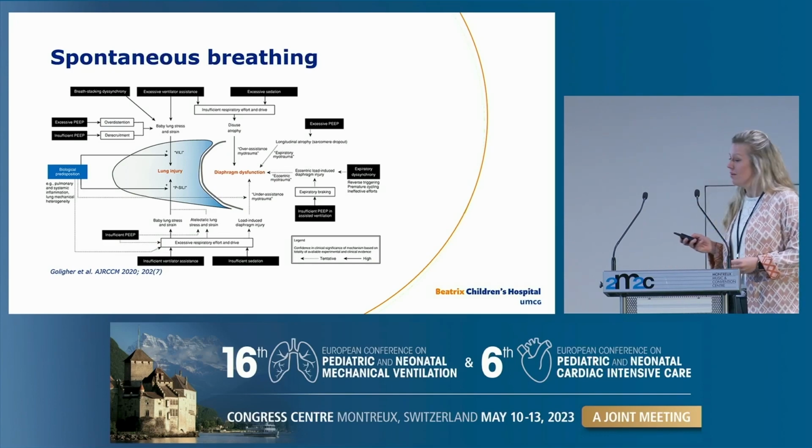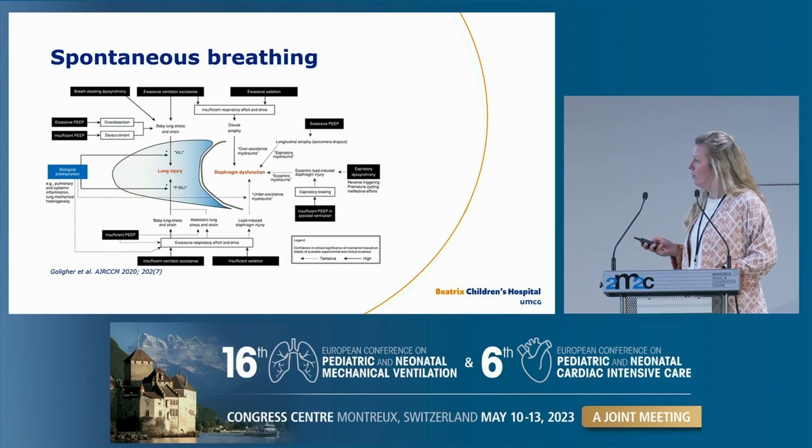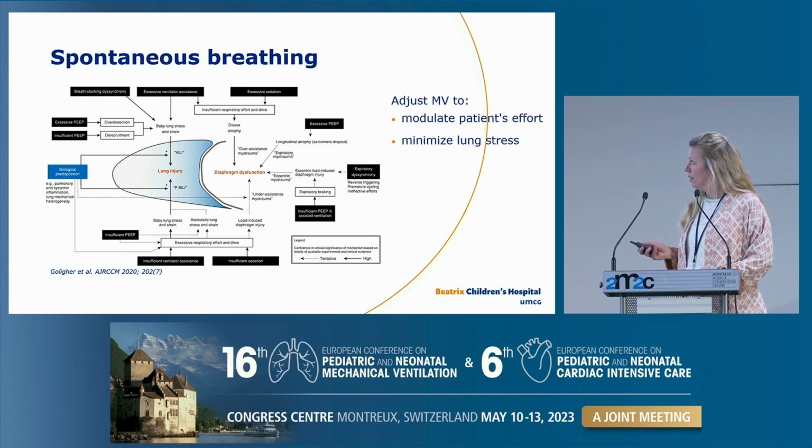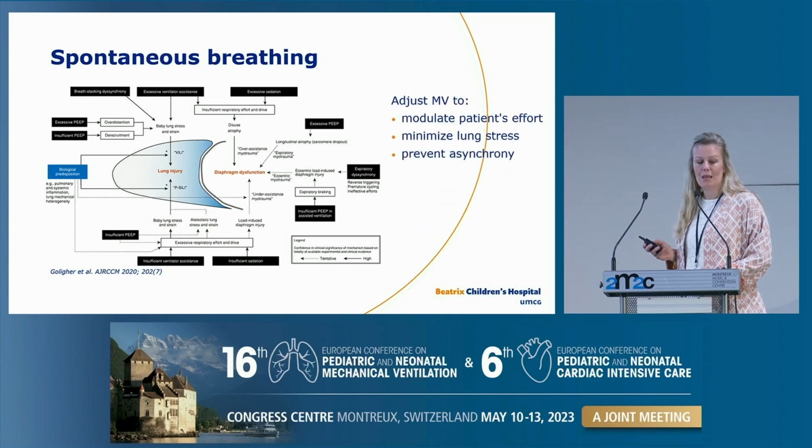So this is a very interesting figure of the concepts of lung protective ventilation and diaphragm protective ventilation. These concepts aim to protect the lungs, and they aim to minimize the stress on the diaphragm.